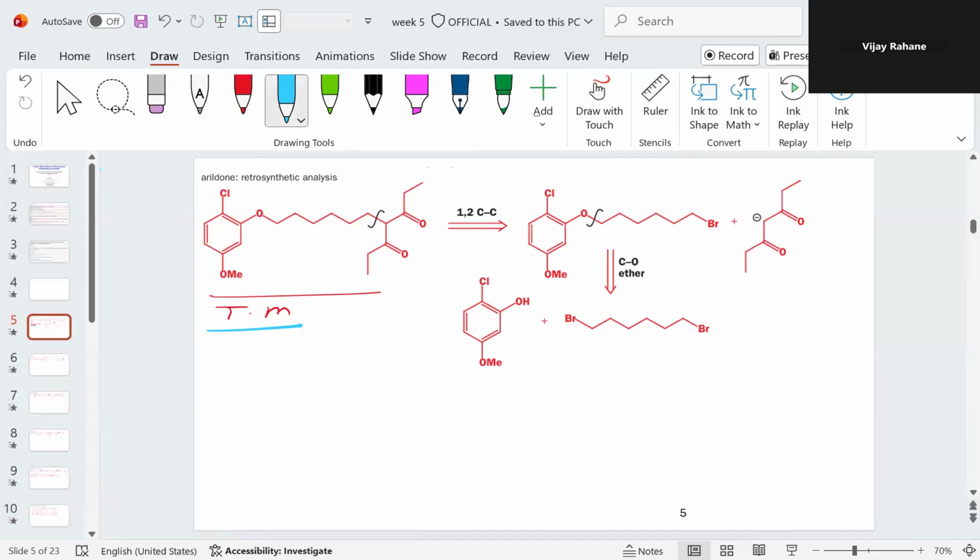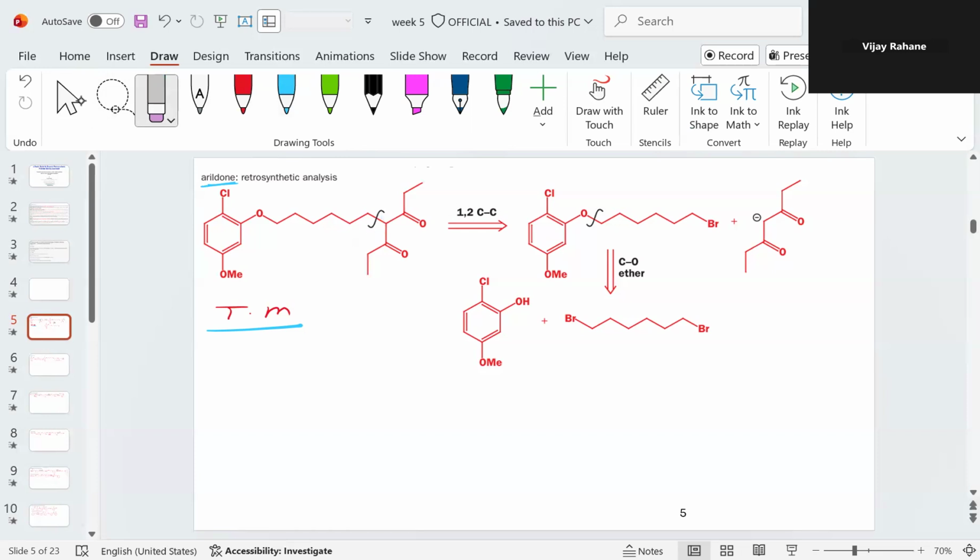Okay, in this first question, first we'll try to observe how the retrosynthesis has been done. It will help us solve such problems in the future. If you look at the retrosynthetic analysis of this molecule, which is the arildone molecule, which is the name of this molecule, the first disconnection has been done at this point.